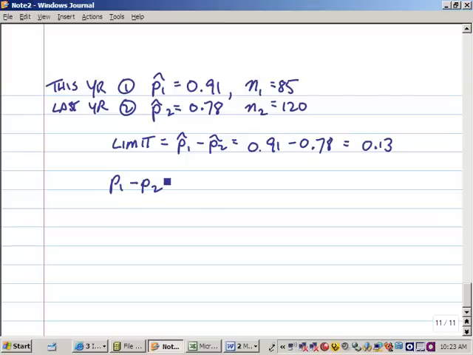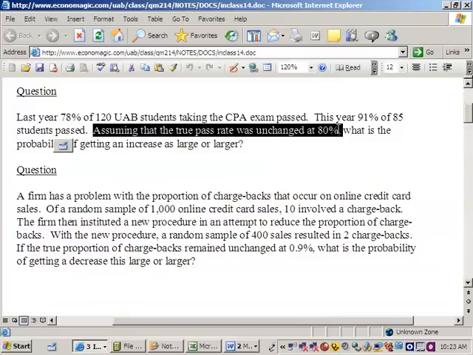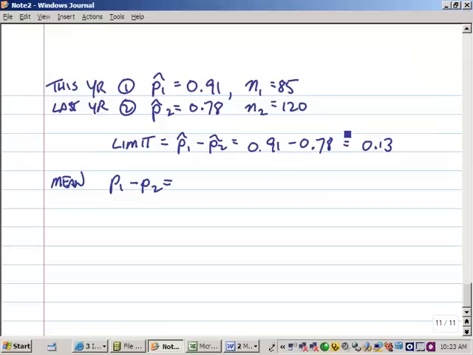What we'll need now is P1 minus P2, the mean of the distribution. Assuming the true pass rate remained unchanged at 80%, 0.8 minus 0.8 is 0. And then the standard deviation for proportions, we're not given, we calculate.